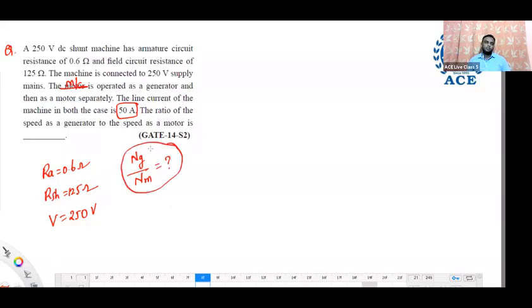Same model in GATE 21 also, on a shunt machine only. First draw the figure. Initially the machine operates as a generator, shunt generator. Just calculate EMF in both cases, generator and motor. That's it.